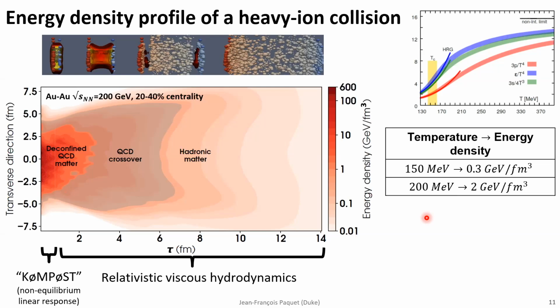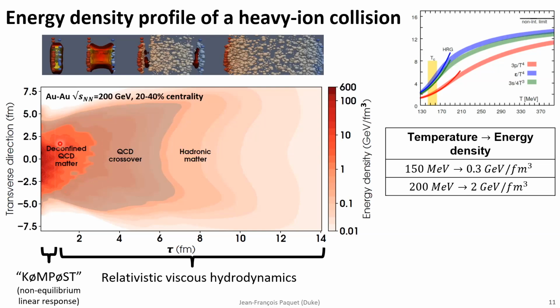So you have a window where you go from confined to deconfined degrees of freedom. This region between 0.3 GeV per Fermi cubed and 2 GeV per Fermi cubed is the grayed out region. This is a gold-gold collision at RHIC.